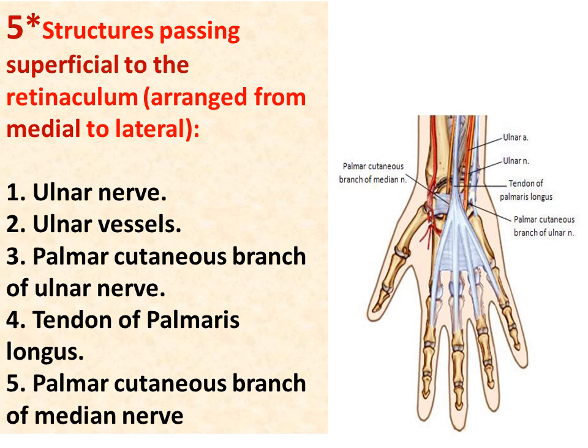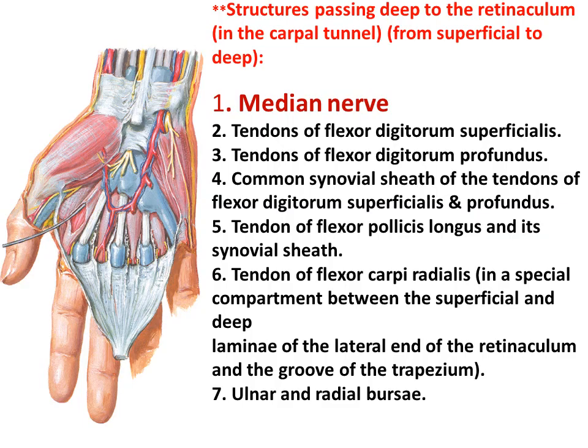Two palmars, we have here the palmar cutaneous branch of the ulnar nerve, and this is the palmar cutaneous branch of the median nerve, and one tendon which is the tendon of palmaris longus muscle, one of the flexor muscles. Two ulnars, two palmars, one tendon.